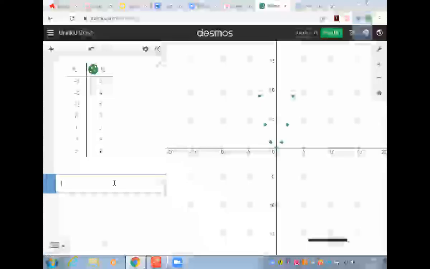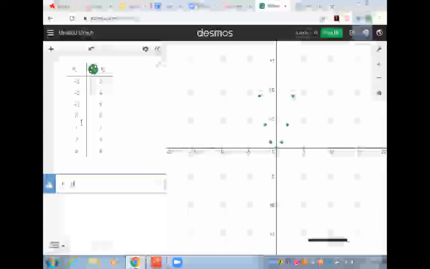So to do that, in the second equation here, you would type y, and then the tilde, which is the shift and the key right next to the number 1. And then, what's the typical form for a quadratic? Ax squared plus bx plus c. So we could say a, now I've got to tell it what x's I want to use. I want to use these x values here.